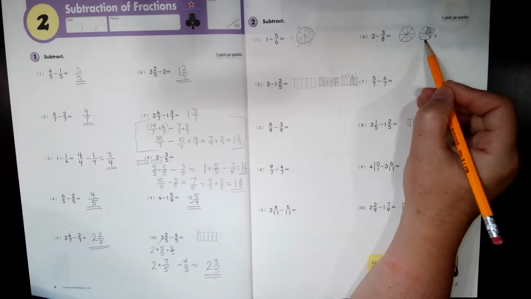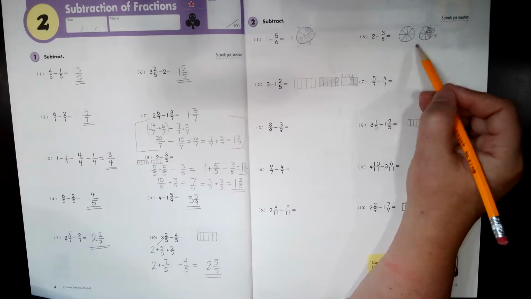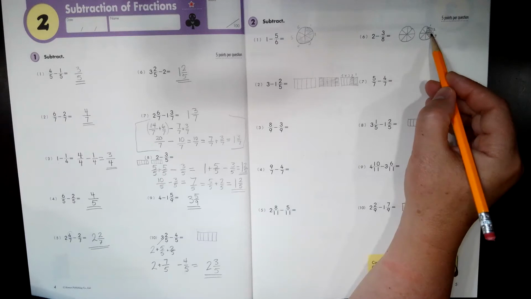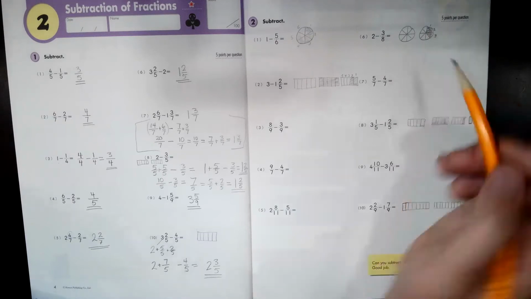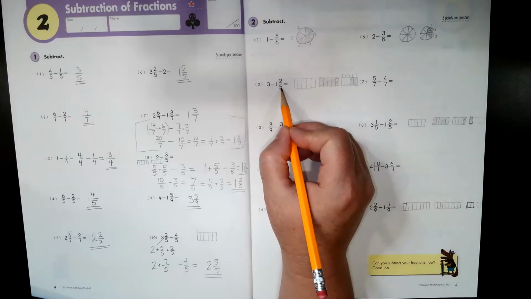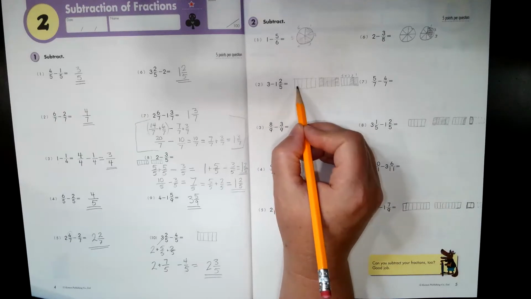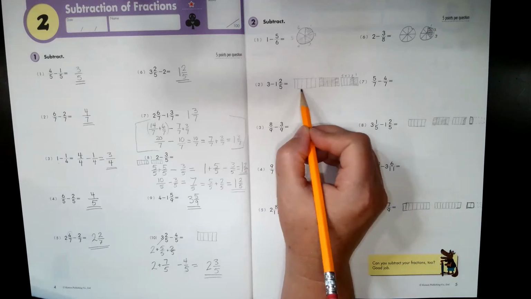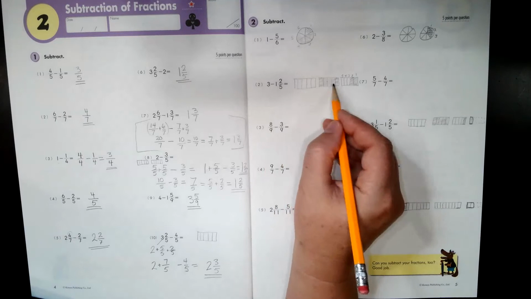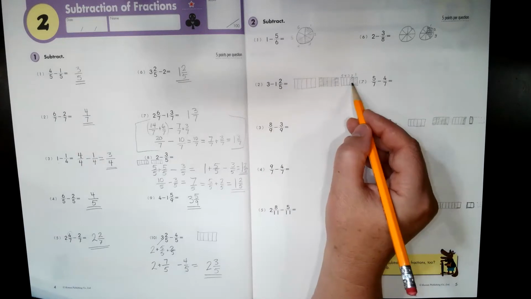So 2 whole things broken into 8 parts, and you take away 3 parts. Okay? Here are 3 whole things broken into 5 parts. So each of these is broken into 5 parts, and you're going to take away 1 whole and 2 of the 5 parts.